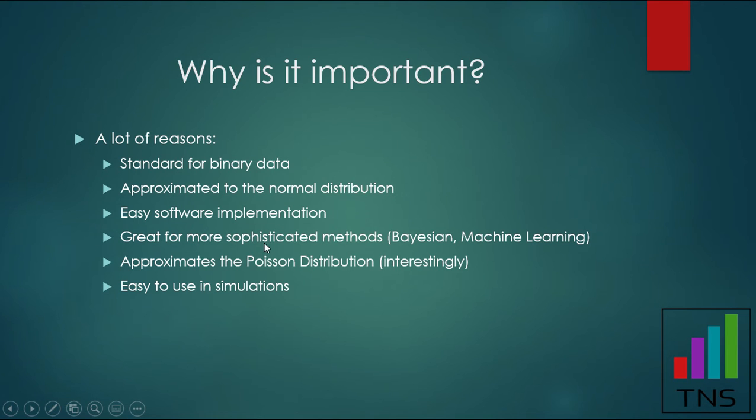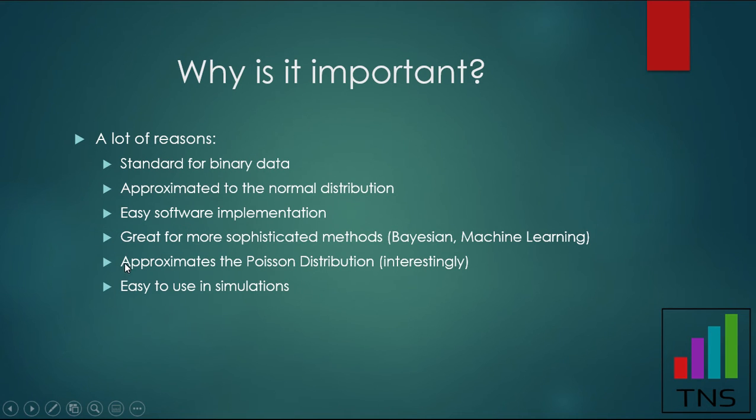And it's great for more sophisticated methods. For example, if you're trying to learn about Bayesian methods or other machine learning techniques, the binomial distribution is a key distribution because it's a fairly simple case that's being modeled. It's basically yes or no, does something happen? And so your outcome of interest is yes or no, and it makes it very easy to model.